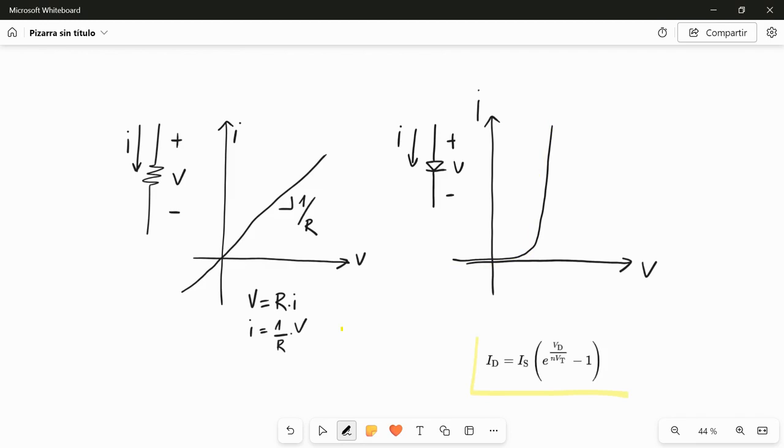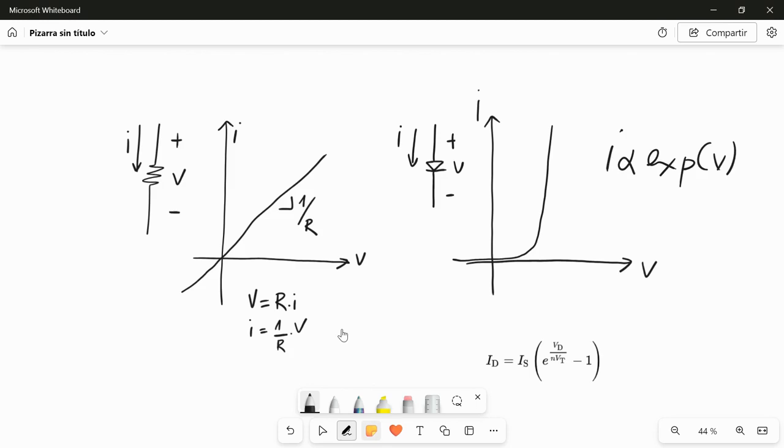The Shockley diode equation is this one, which you can find in many books, with a lot of parameters that give a very specific vision of the thing. But here I just want to summarize this behavior, saying that basically this curve is something like the current proportional to the exponential of the applied voltage.